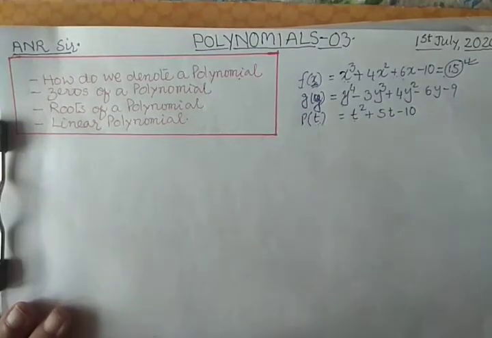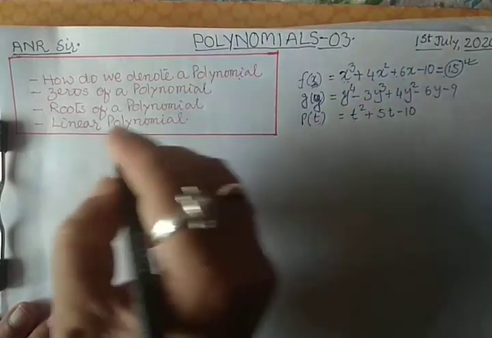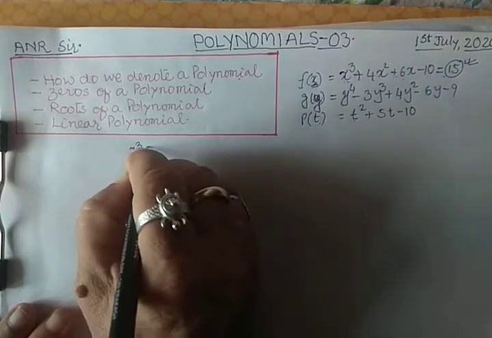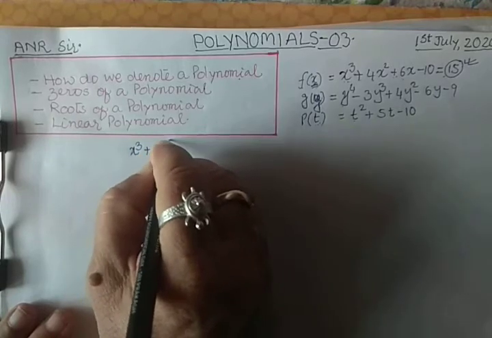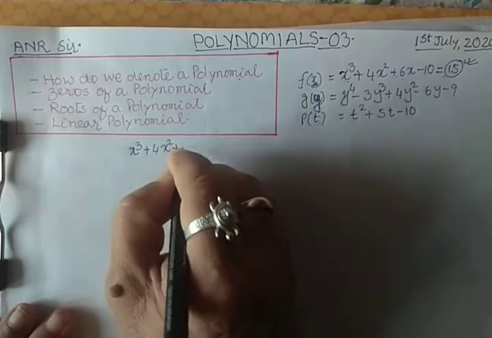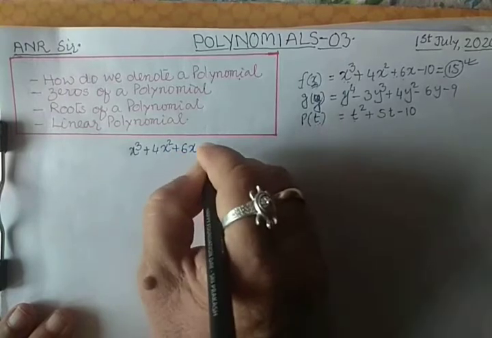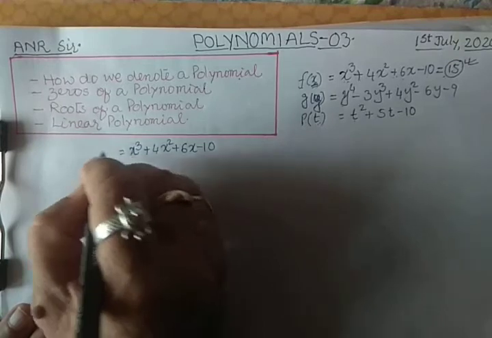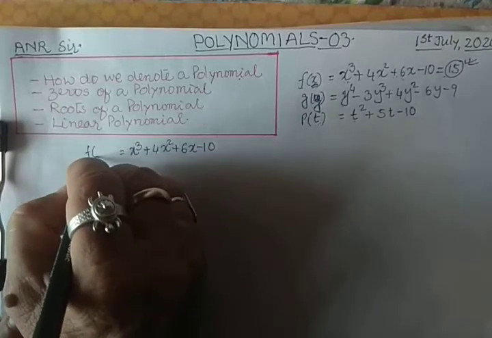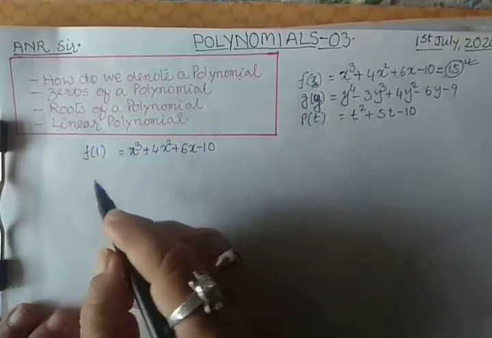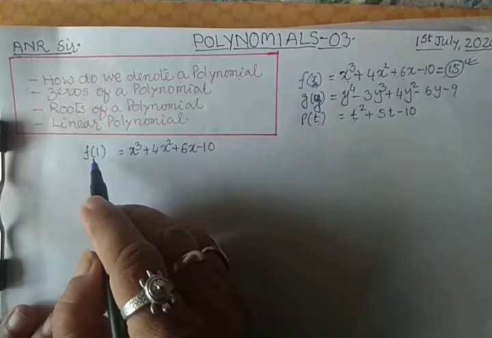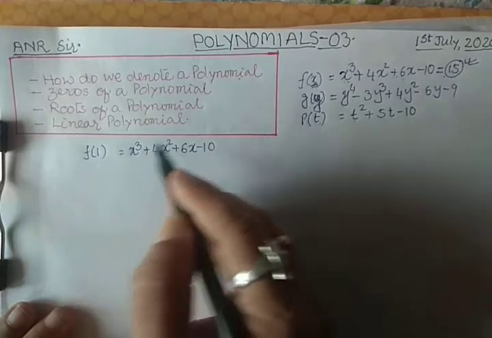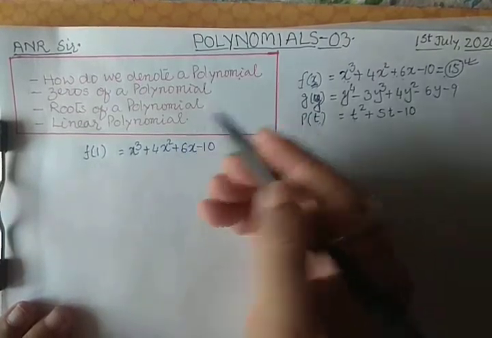Now let us take this polynomial, x cube plus 4x square plus 6x minus 10. Okay, now let us take the value of x as 1. That means we replace x by 1, so the input we have taken is 1. And now let us find the output.